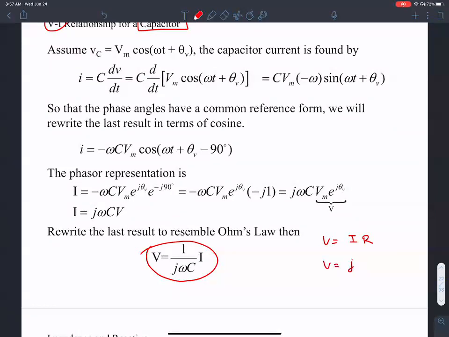In an inductor, V is j omega L times I. In a capacitance, V is 1 over j omega C times I. So the idea you want to remember is when you convert a resistance from the time domain into the frequency domain, its resistance value, the relationship, is still the same.